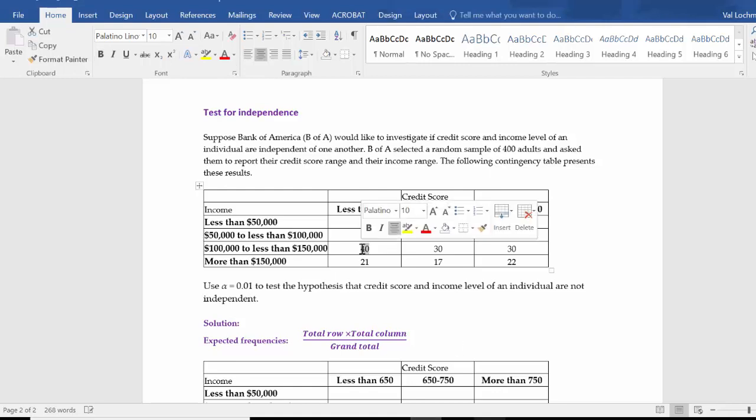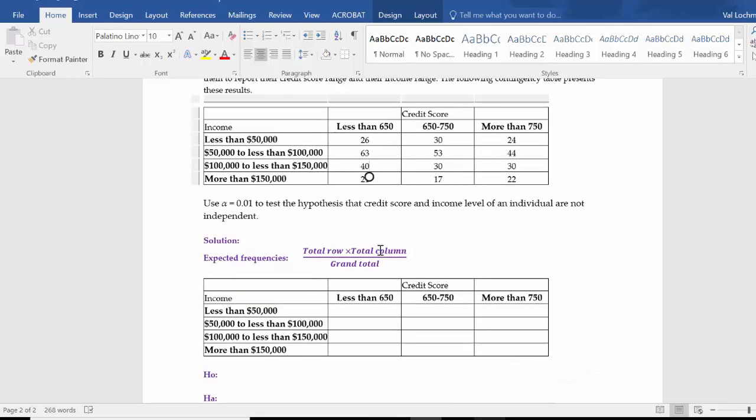So this number right here, 40 people in this sample, have credit score less than 650, and the income is between $100,000 and $150,000. Okay, so our goal is to see if there is a relationship between these two categories, credit score and the income level. Okay, in general, that's what we want to do for this type of problems.